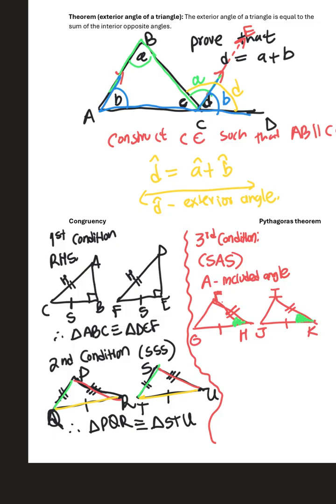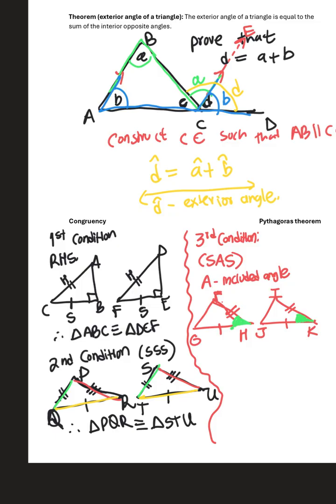An included angle is the angle formed by the two equal sides. For example, in this triangle, the two sides that correspond to the sides in the other triangle form an angle.